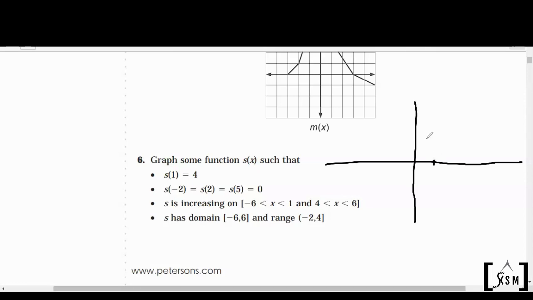And it has all these points also: negative 2 comma 0, which is somewhere here, and 2 comma 0 also, and 5 comma 0 also. So yes, the graph should pass through all these 4 points.